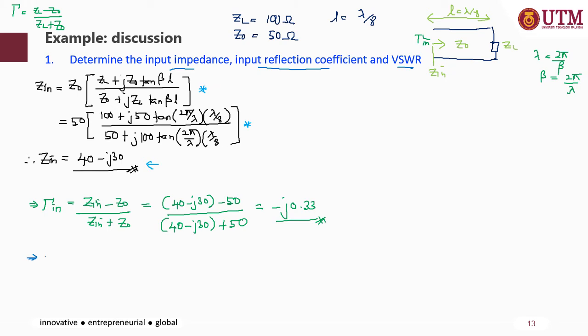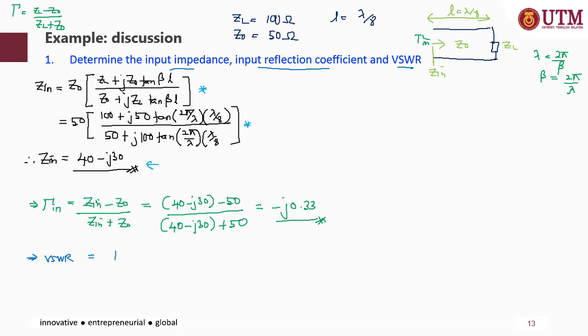And lastly, the VSWR equal to Vmax over Vmin, or you can also calculate this by using the reflection coefficient that you have. So VSWR is 1 plus the magnitude of your reflection coefficient, or S11, divided by 1 minus the magnitude of your reflection coefficient.